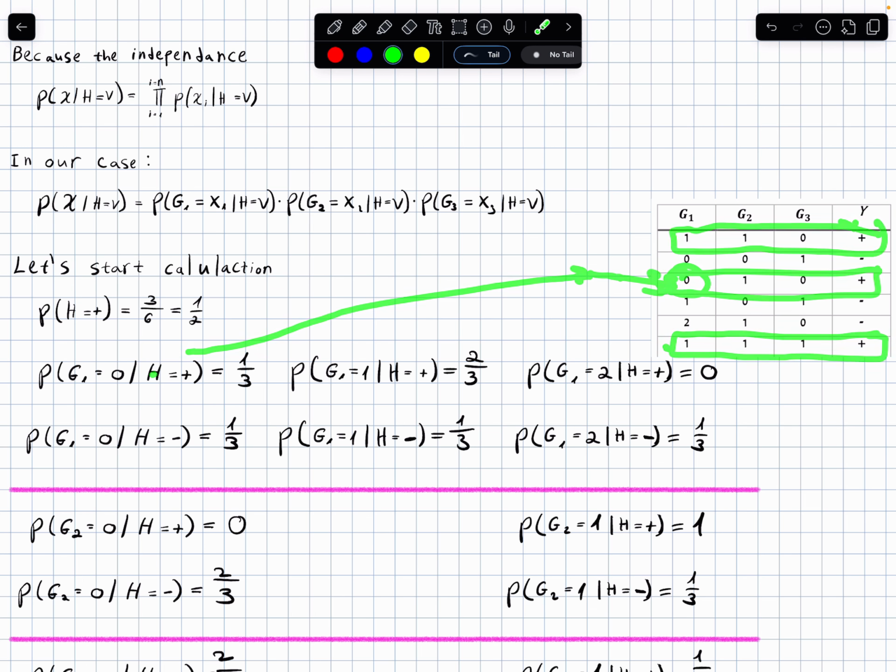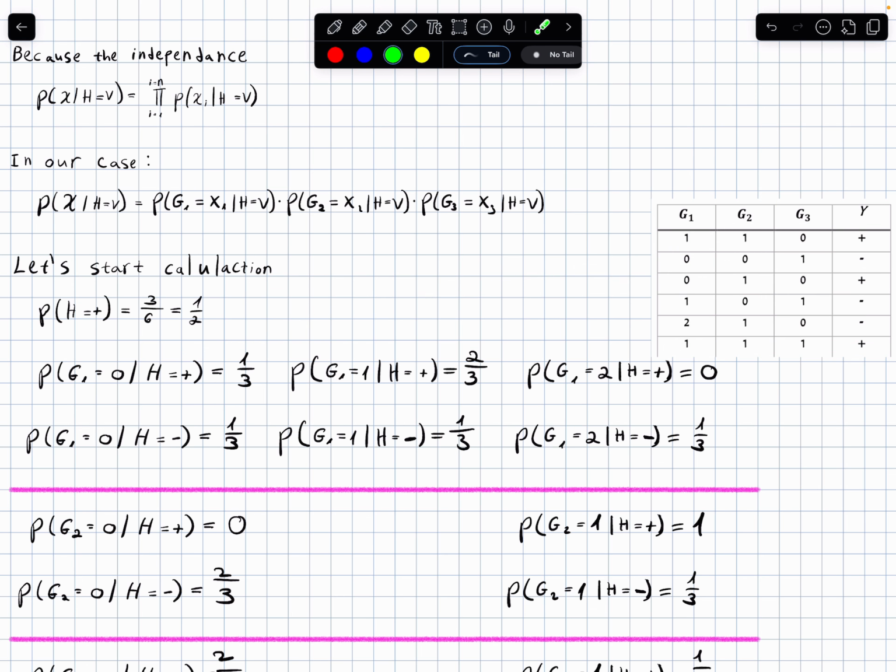Clear? Okay, now given h is plus, what is the probability that g1 is 1? Again, we're looking only at these 3 rows, and now we count. We have 1 and 2 rows where g1 is 1 and y is plus, our h.